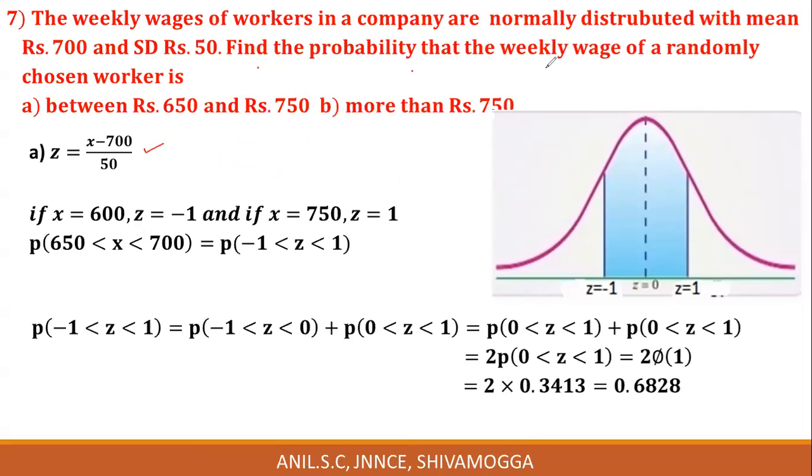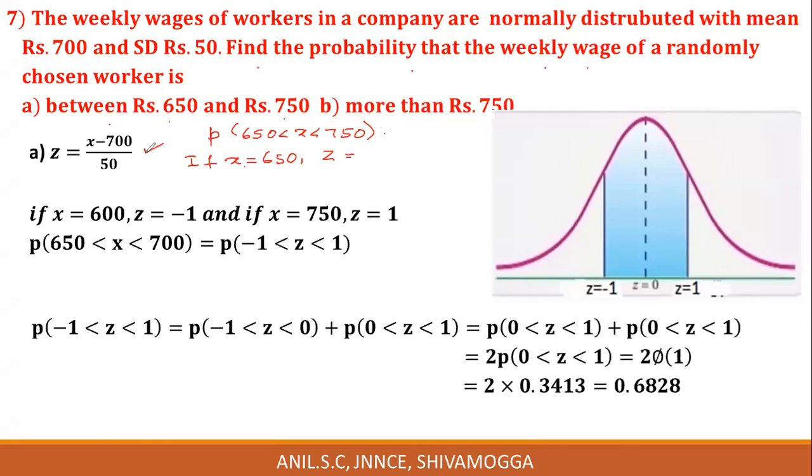Find the probability that the weekly wage of a randomly chosen worker lies between 650 and 750. What is required? P where 650 is less than x less than 750. This is to be determined. If x is equal to 650, what will be the corresponding value of Z?